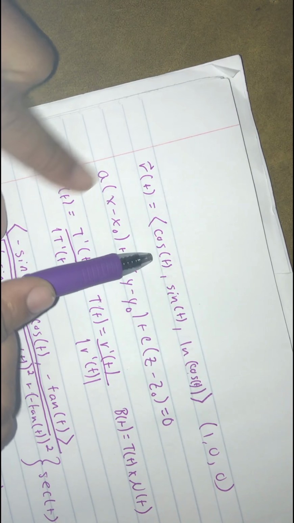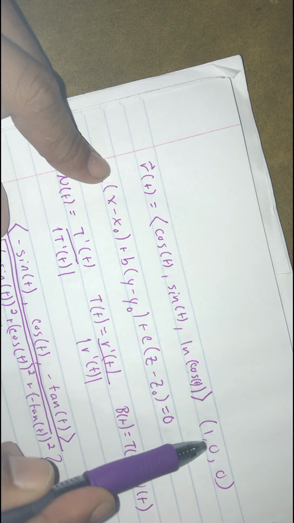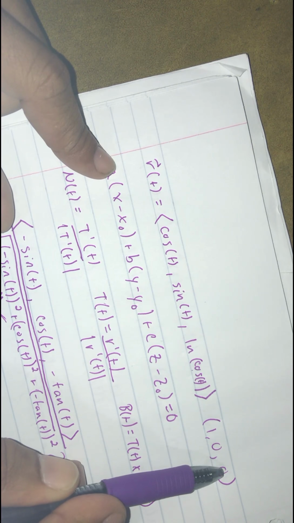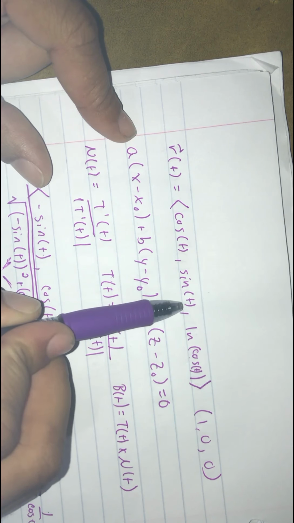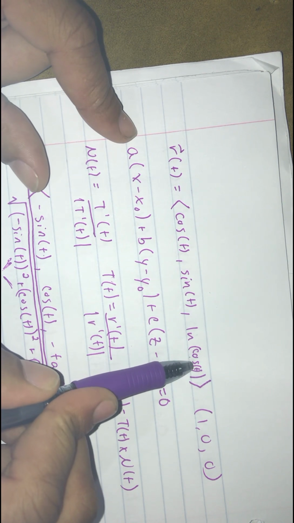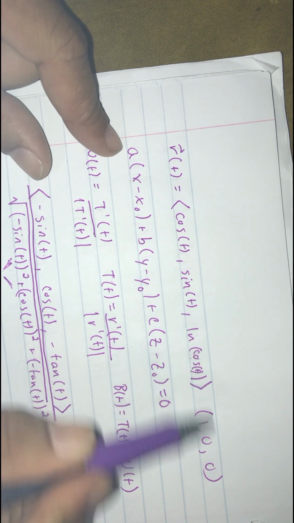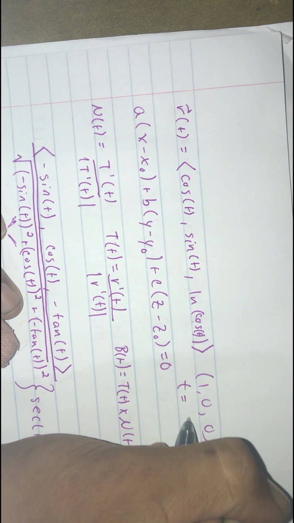And we'll notice that cosine of t is 1, sine of t is 0, and then the ln of cosine of t is 0 as well. Since cosine of t is 1, that means that the ln of cosine of t is 0. So we're going to evaluate at t equals 0.